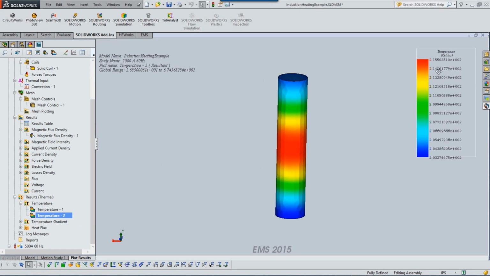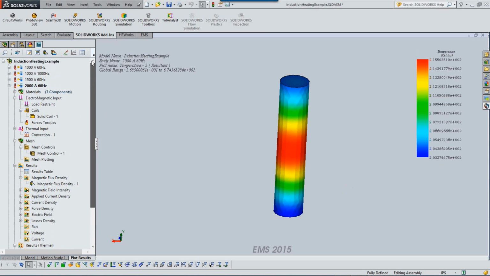Notice here that it gets heated to around 215 degrees Celsius, the maximum temperature that I get in my bar. There's a gradient obviously, so the minimum temperature in my bar is around 203 degrees Celsius, and the maximum is around 215 degrees Celsius. And the coil with its particular geometry is capable of making such type of heating with an AC current of 2000 amps and 60 hertz.